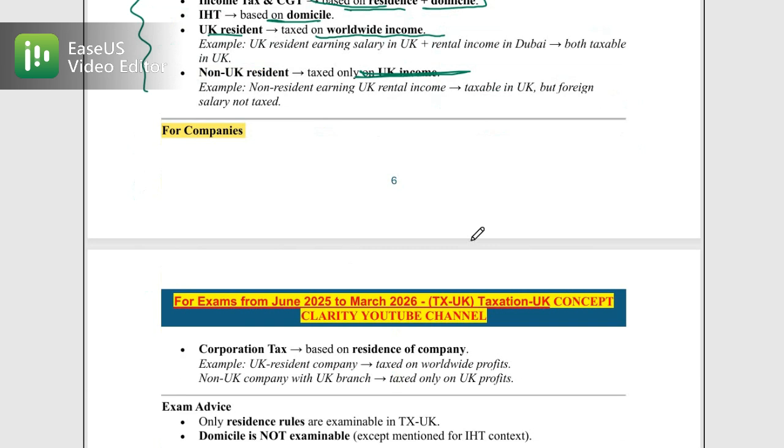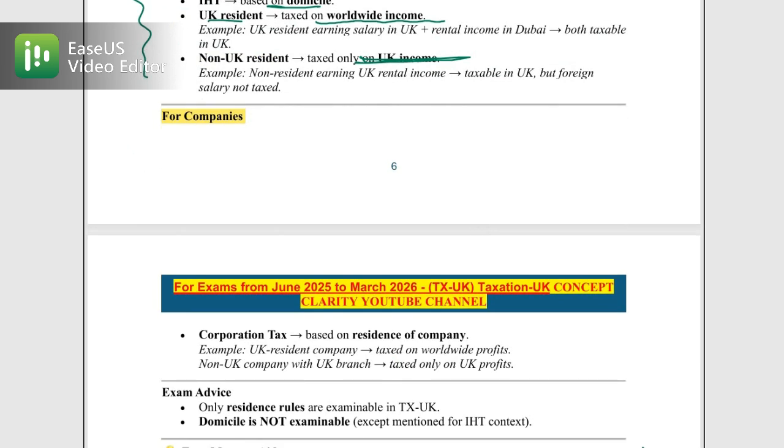Now from the company perspective, corporation tax is based on the residence of the company. For example, a UK resident company is taxed on worldwide profit, but a non-UK company with a UK branch is taxed only on the UK profit. So only residence rules apply in UK tax, and domicile is not relevant except in the IHT context.